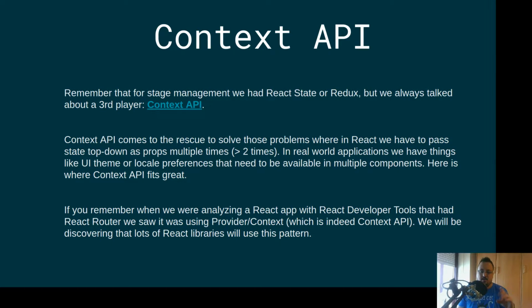But if you don't want to use Redux, managing state in React would become very complex. And context API comes to fill this gap where you have to pass your states multiple times.